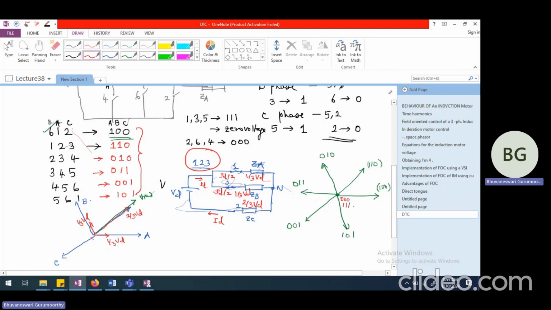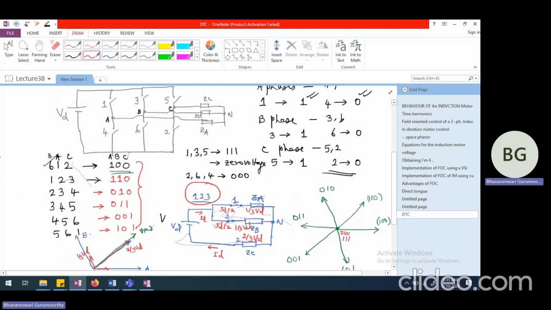or 111. So the inverter positions, what we normally see from 612 until 561, correspond to 6 non-zero voltage vectors.